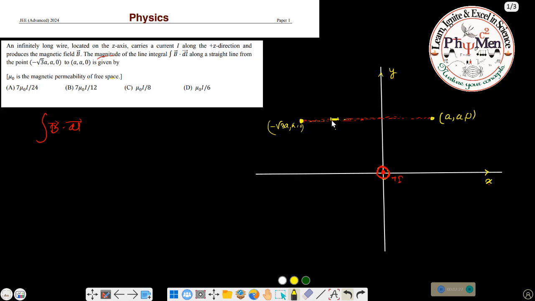Along this line there is no change in y; y is constant here, so we can take one small dx element along this line, which is at a distance r from the wire carrying current I along the z axis. Here the r vector has magnitude r.